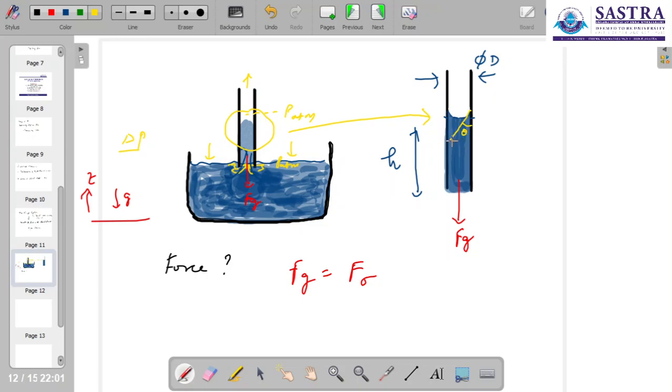If we draw and complete this perpendicular, then for this fluid surface there should be a force of surface tension in the upward direction that balances the gravity force.